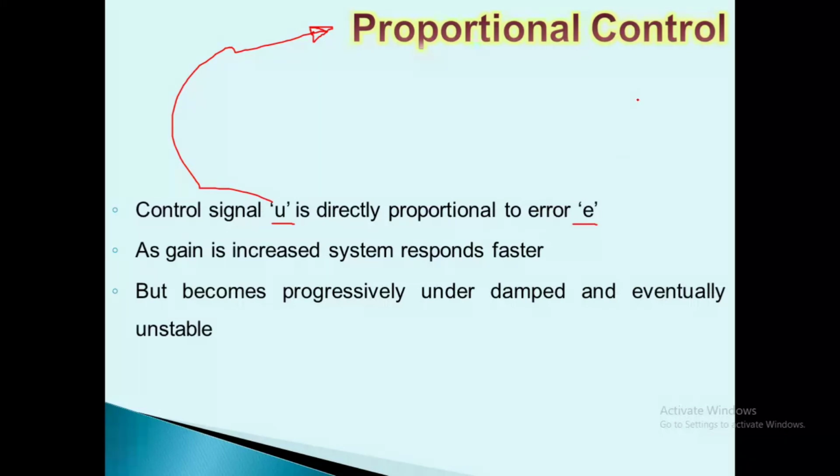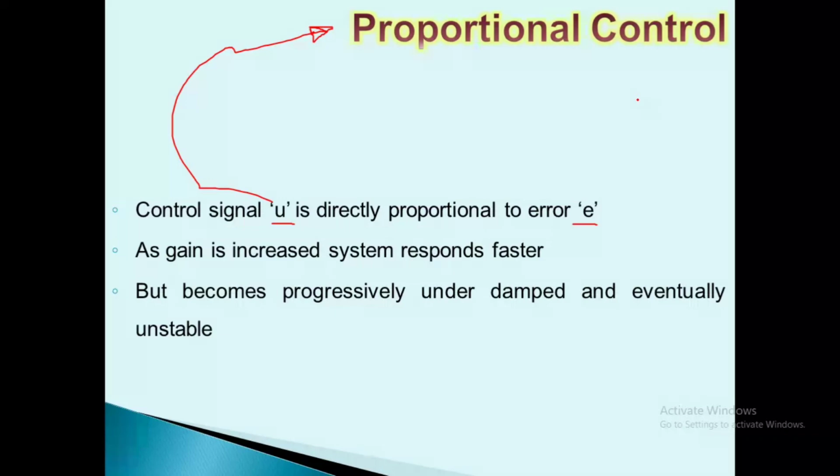We have a set temperature and an actual temperature, or in other cases a set pressure and an actual pressure. In each process we are expecting something, where we try to achieve something. That is the set value, and the actual value is the value you can observe, or which is measured in the current scenario. The difference between the set value and the actual value is called the error. What proportional control actually does is try to eliminate that error. That's why it is called the control signal.